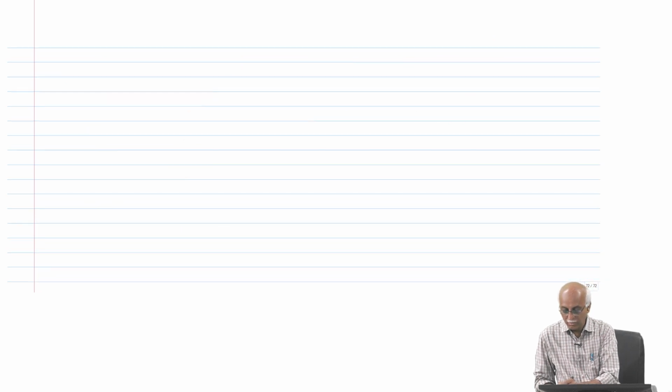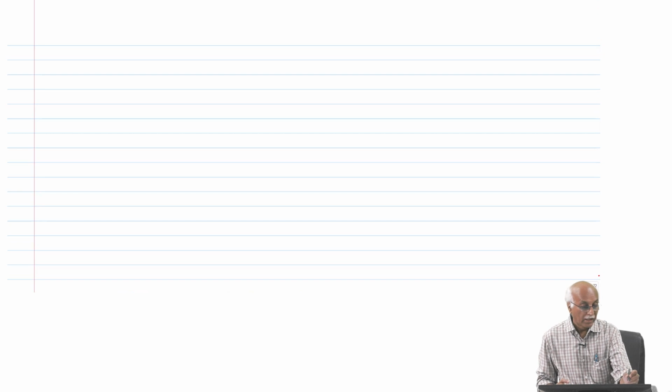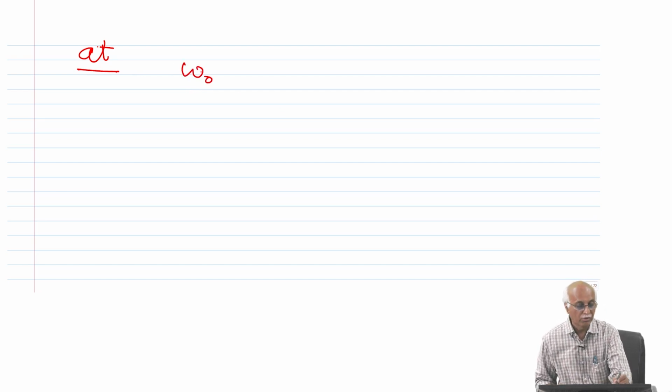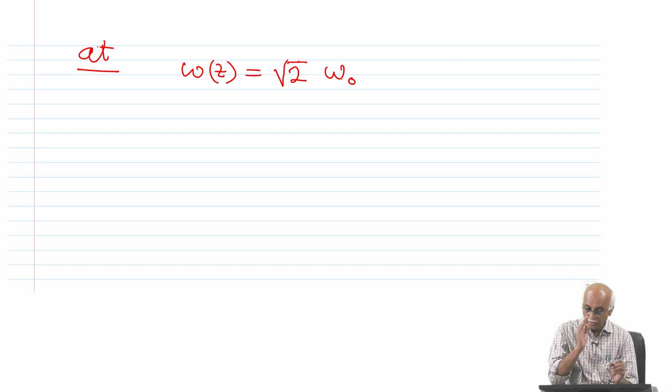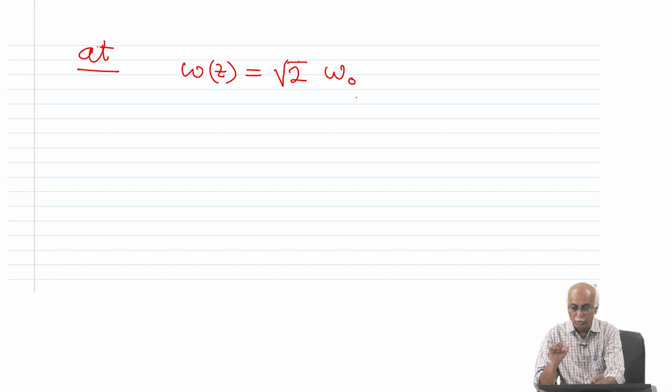Let us say at the position where W(z) becomes root 2 times W0, the beam spot size becomes root 2 times the beam waist. So, the area becomes double, is it not? The area of the circle is pi r square.